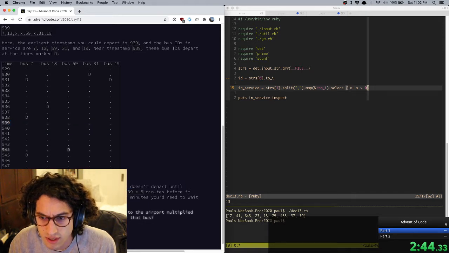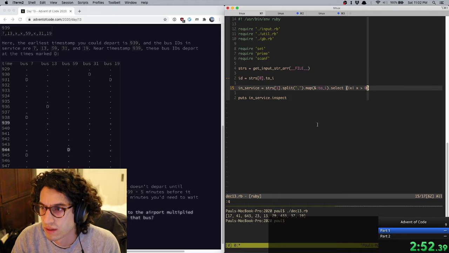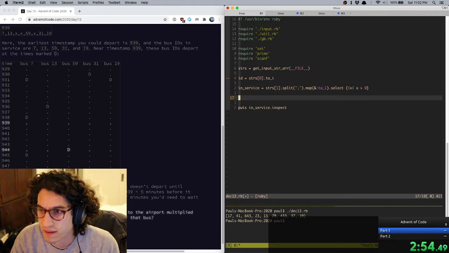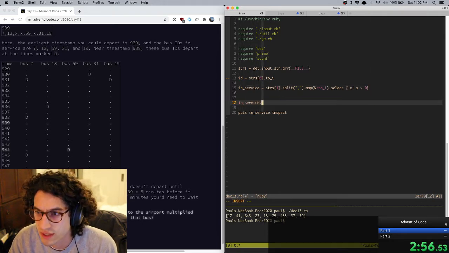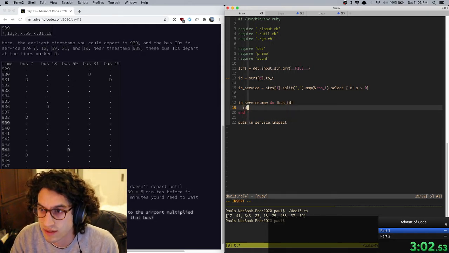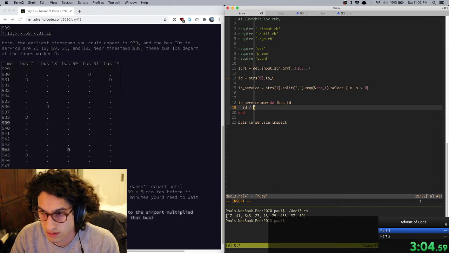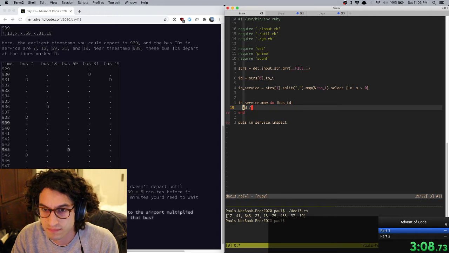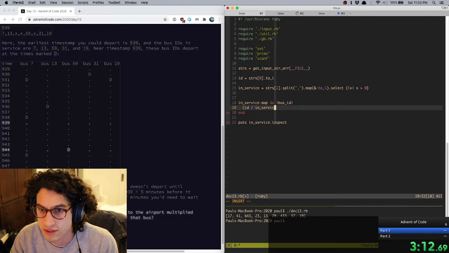So you need in service dot map, bus ID, over in service.